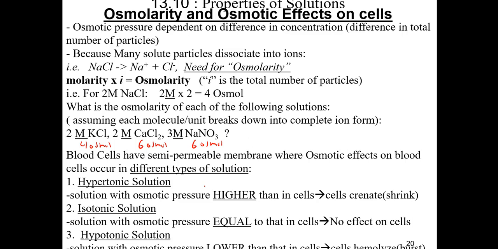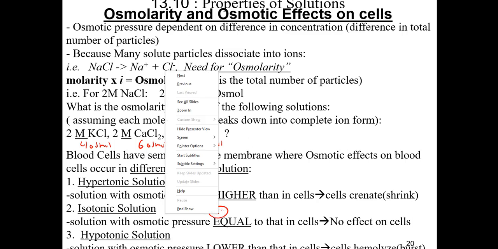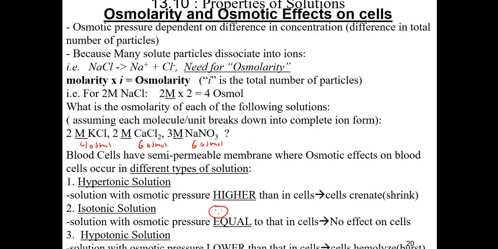So now, here's a scenario where we want to see what effect osmotic pressure has on a red blood cell. So I'm going to give you 3 scenarios. Let's start off with the isotonic solution. I'm going to go ahead and draw 3 solute particles on the inside of the cell, 3 solute particles on the outside of the cell.